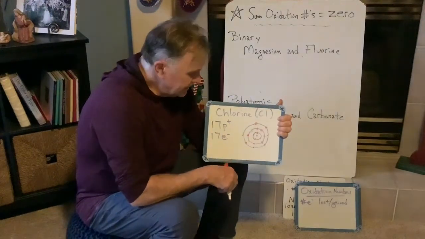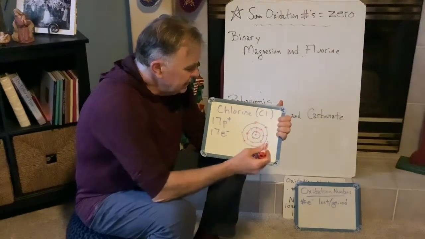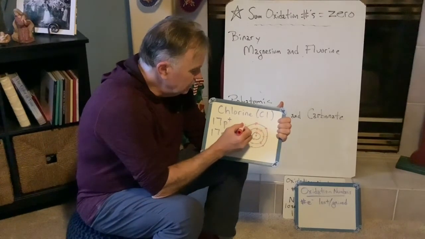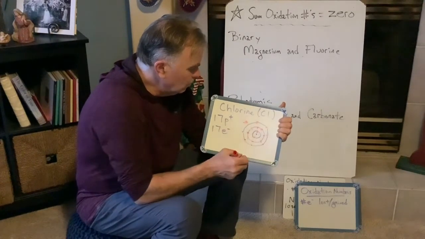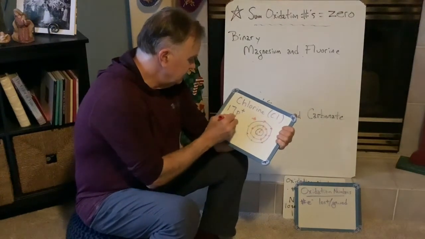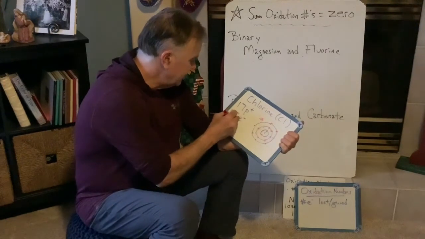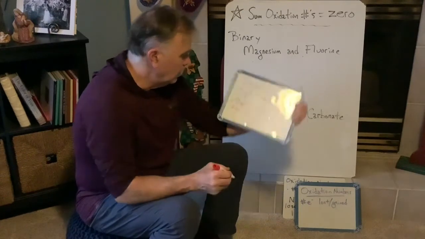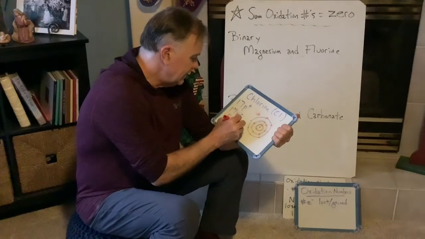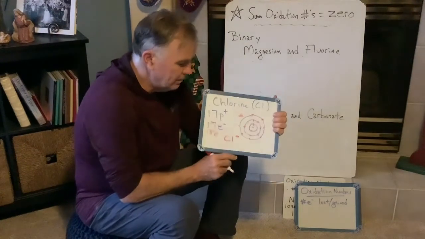In chlorine's case, which is a nonmetal, it can either lose 7 or gain 1. So it will tend to try to gain 1 more electron. That gives it no longer 17 electrons, but 18 electrons. And you know where I'm going with this. Chlorine has a 1 minus charge.